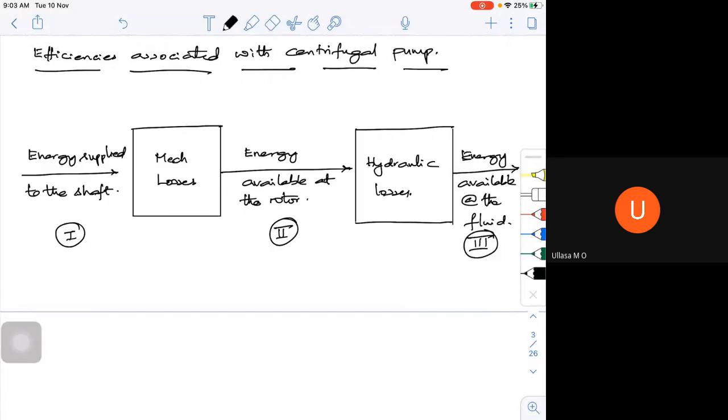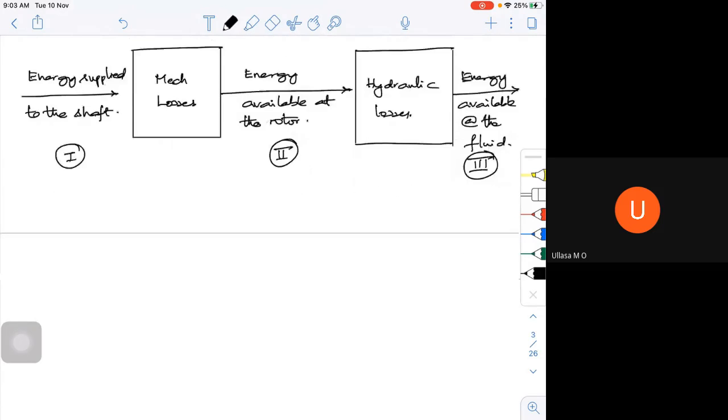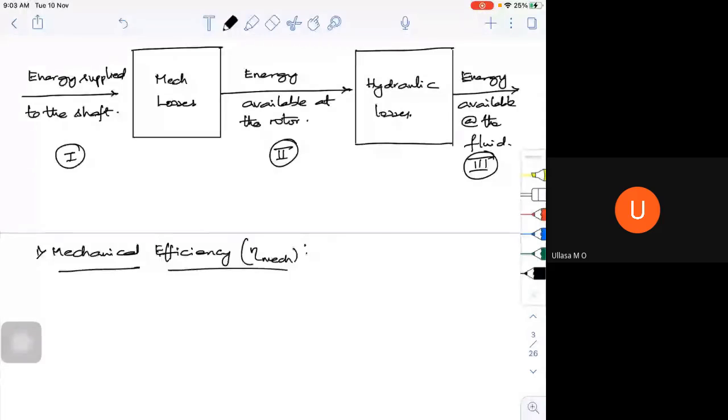Now let us try to define the efficiencies. First, the mechanical efficiency, eta mechanical. Efficiency is nothing but output to input.